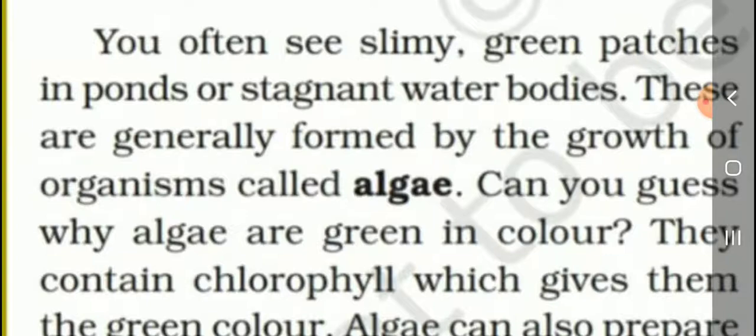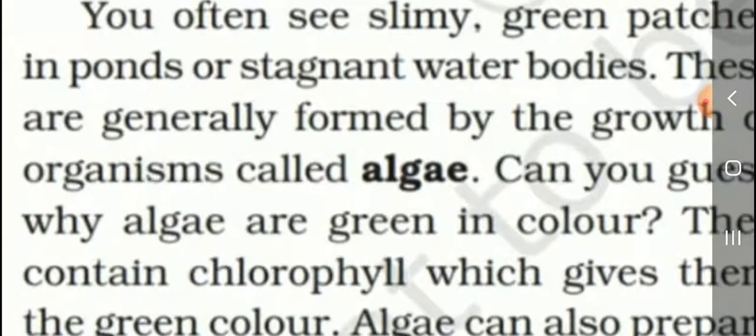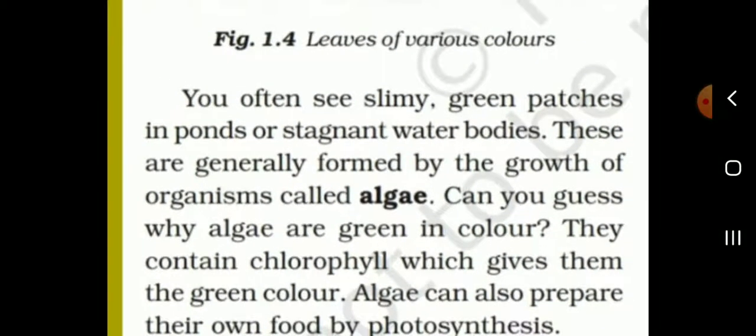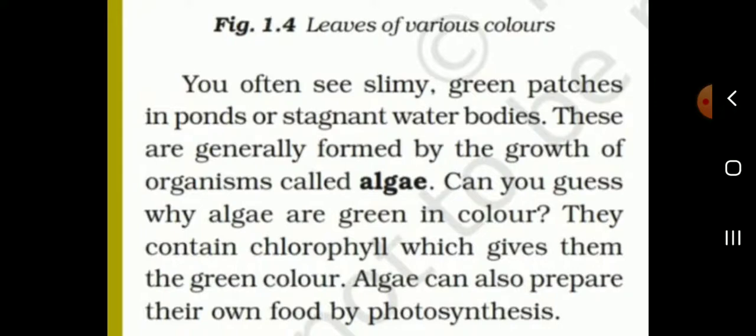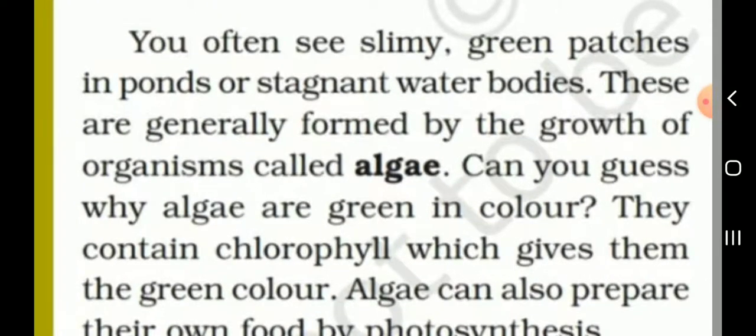These green patches in stagnant water bodies are generally formed by the growth of organisms called algae. Okay. Then next, they contain chlorophyll, which gives them green color, the chlorophyll pigmentation.